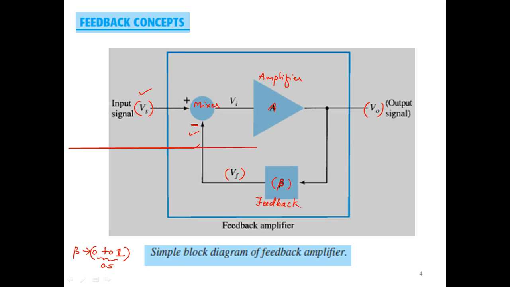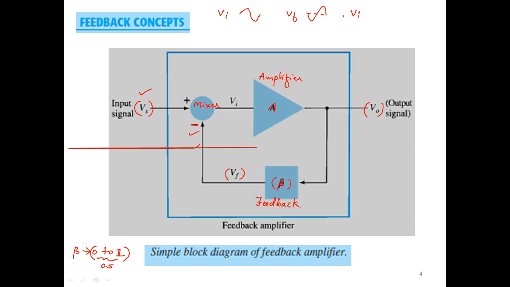They are out of phase. To be precise, let me just draw it. If the input signal is indicated like this, and the feedback voltage is indicated like this, there is exactly a 180-degree phase shift. So what will be the Vi?